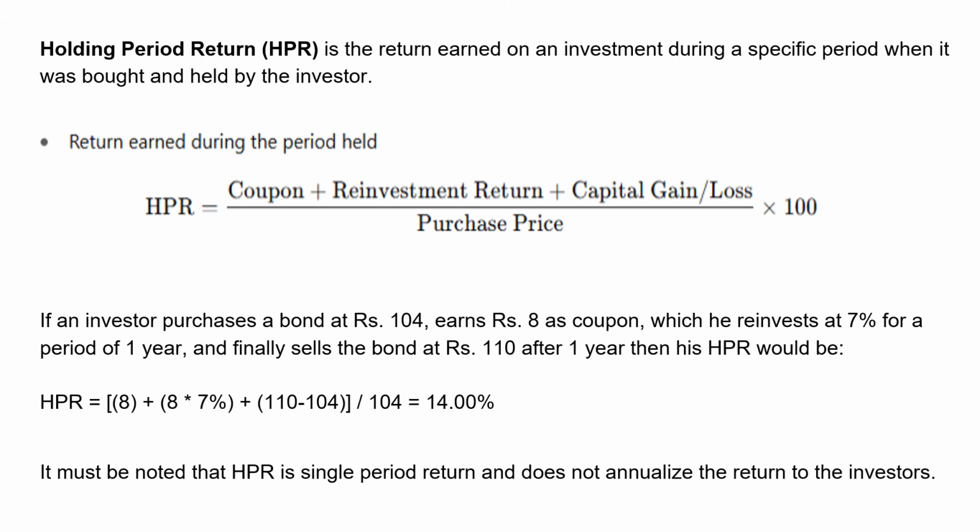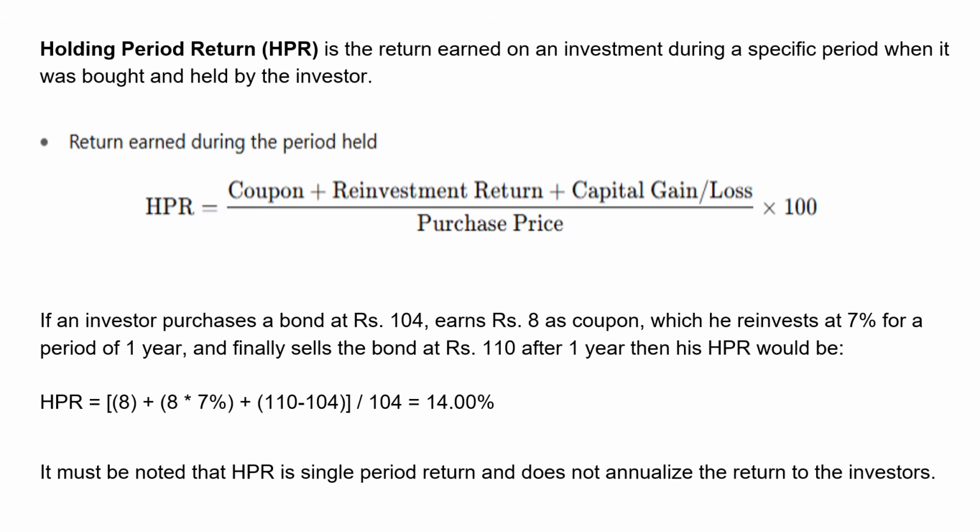So 8 into 7% plus 110 minus 104. So 110 is the amount at which I am selling, and 104 is the amount at which I purchased it. The whole thing I divide by 104, and that gives me a value of 14%.